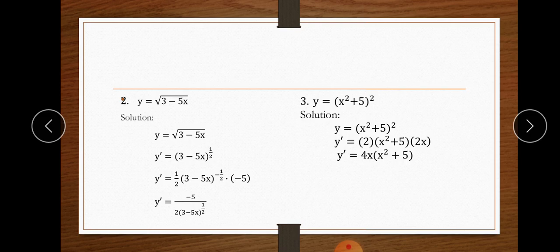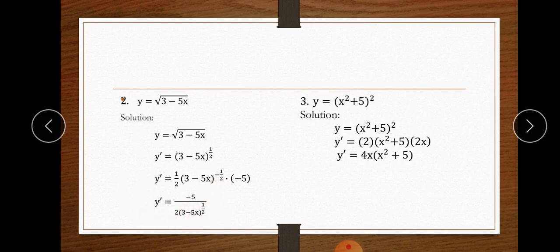Using the chain rule, the derivative of y equals square root of 3 minus 5x, which is 3 minus 5x raised to 1 half, equals 1 half times 3 minus 5x raised to negative 1 half times negative 5, and equals negative 5 over 2 times 3 minus 5x raised to 1 half. And this is the derivative of example number 2.